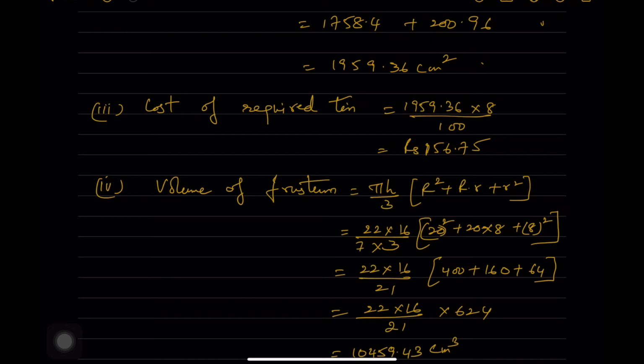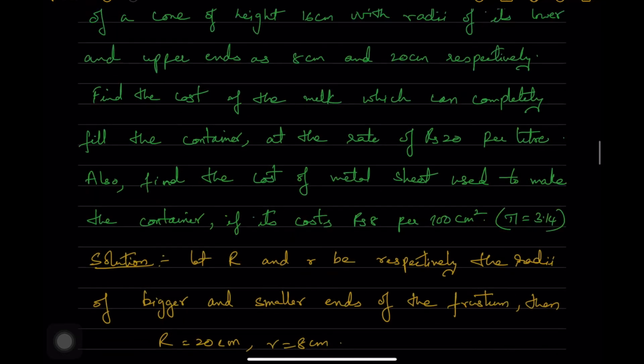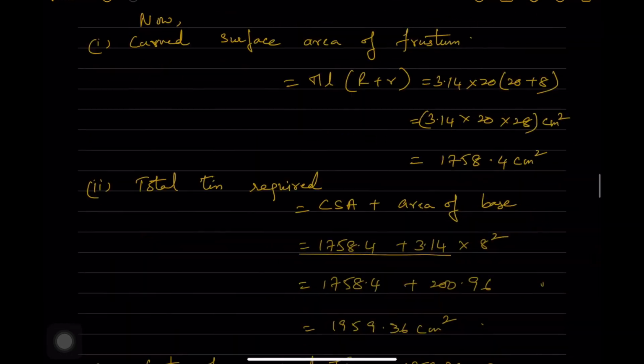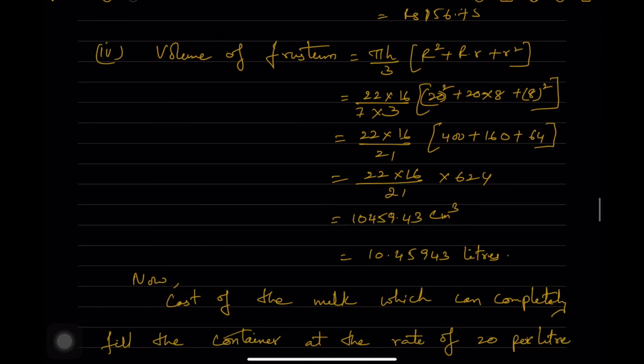Now for the volume of the frustum, you have to find out how much milk can be filled completely in that container. That is nothing but the volume, which is equal to pi h by 3 using the formula, capital R square plus capital R into small r plus small r square. You know capital R is 20, small r is 8, h is 16.